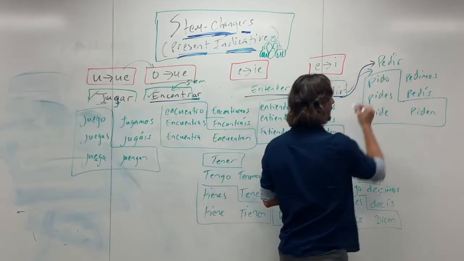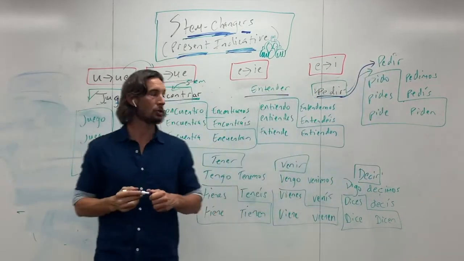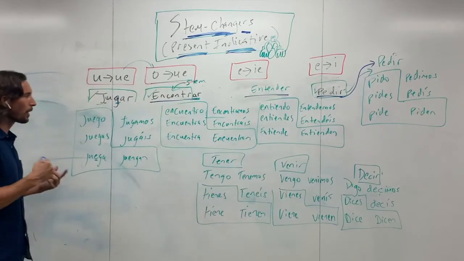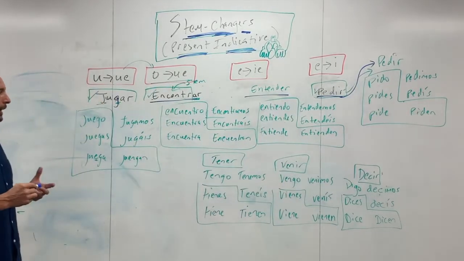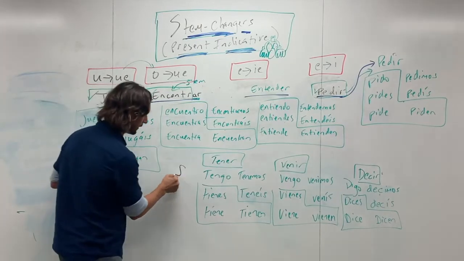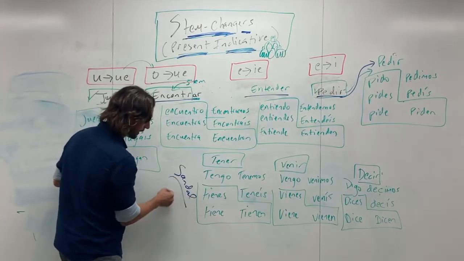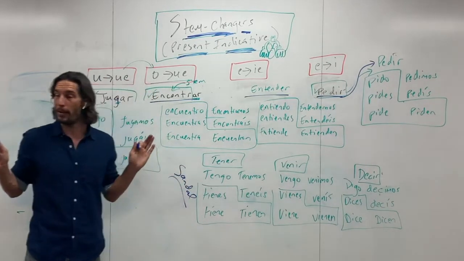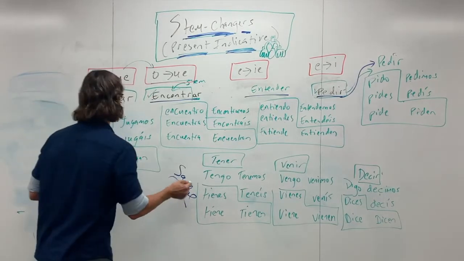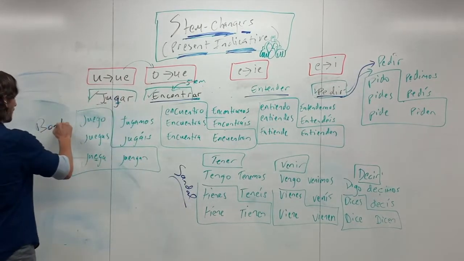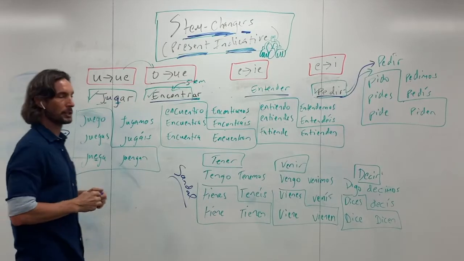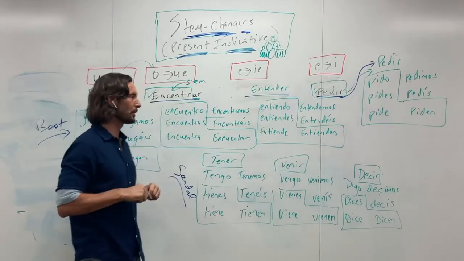And I moved pedir over here for space. So let's walk through these. And if you notice here, this is the sandal, right? I hope that makes sense, but that's what we're going to call it for today. And then all of these fall in line with what we refer to as the boot, right? And let me show you what I mean by that.